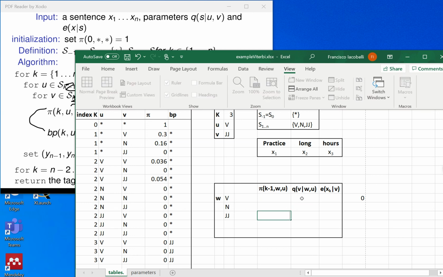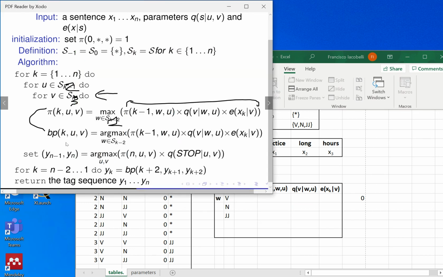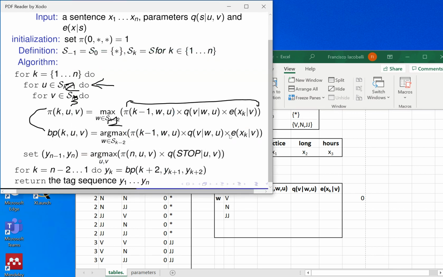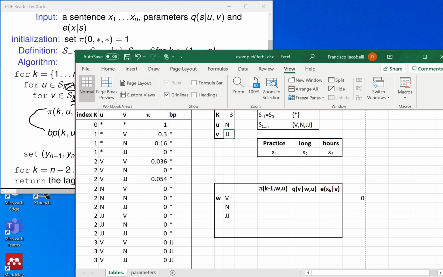Okay, so then as you can see, we finished this loop over here. We finished this loop. We're moving U. U was V, now U is going to become N. Remember, we're looping in this set. And now we go back to looping on V. So V starts with the tag V. So let's look at this.